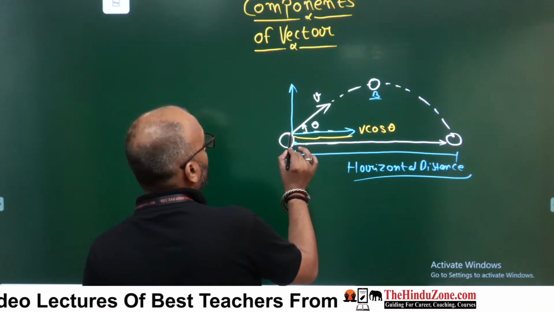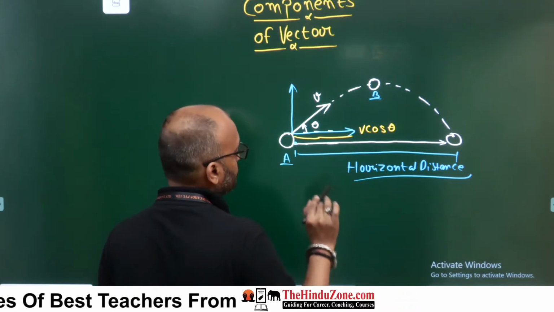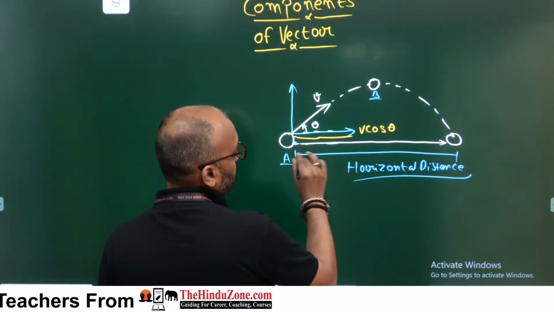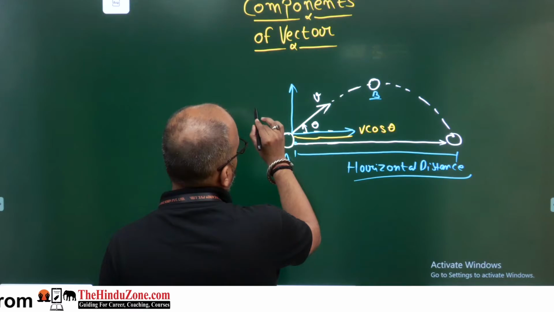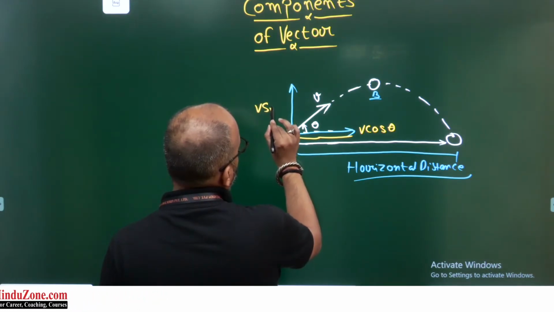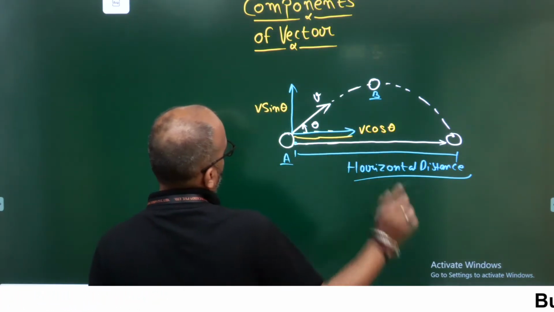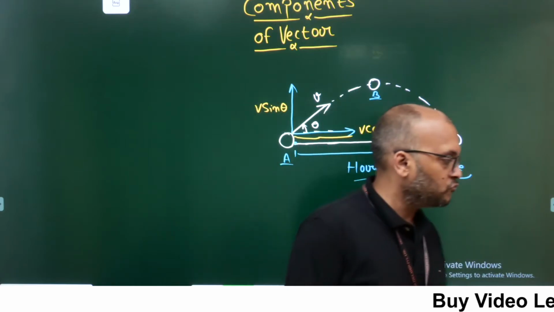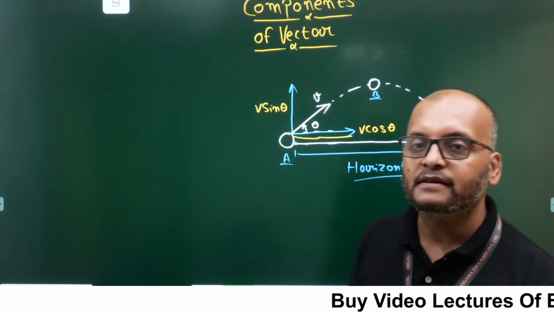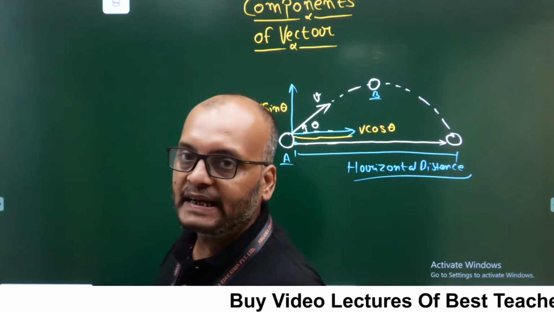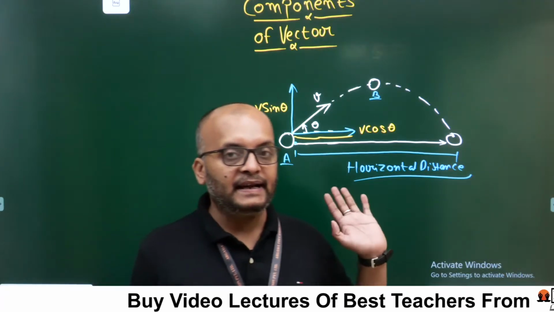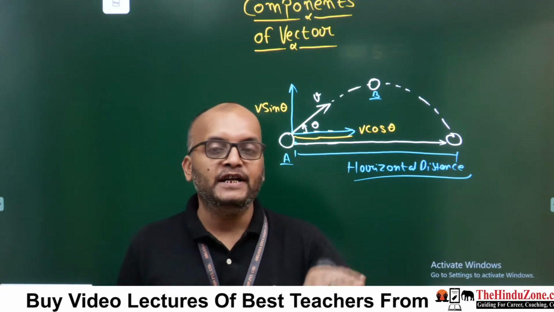Second, the component of the vector perpendicular to the cos component will be the sine component. Understood? This thing is very important. Okay, don't take it like that the horizontal component will be cos.